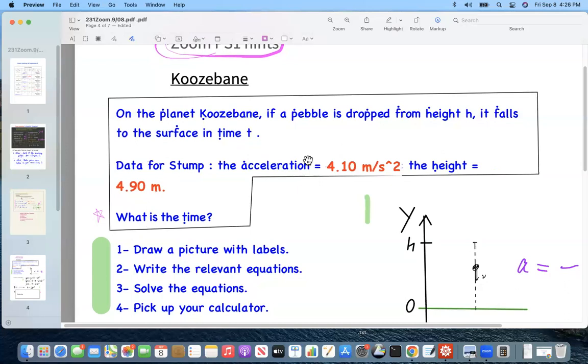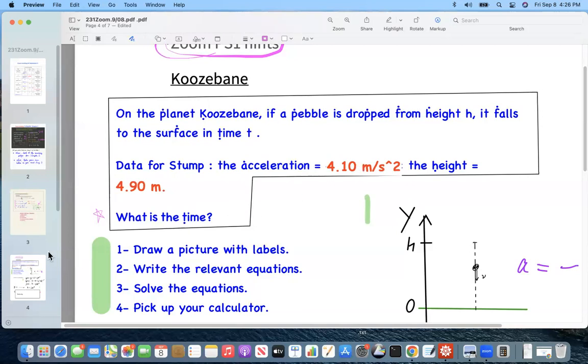In fact, if he didn't know the acceleration, he could measure the time, and from that information, determine the acceleration. This would be the way for the astronaut on a new planet to measure the acceleration due to gravity on that planet, measure the force of gravity on that planet. Well, we're not ready for forces yet, but acceleration anyway.